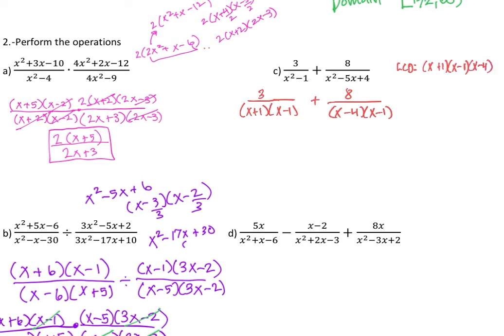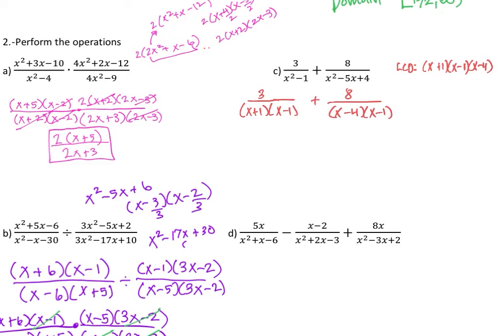And then I have an x minus 1. But x minus 1 is already included as part of my LCD, so I don't need to write it twice. The only time you would ever have to write a factor twice as part of the LCD is if that factor was squared in the denominator, or you had two of the same factors in one denominator.